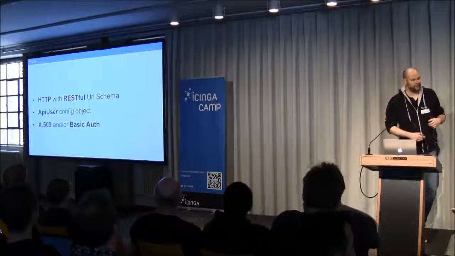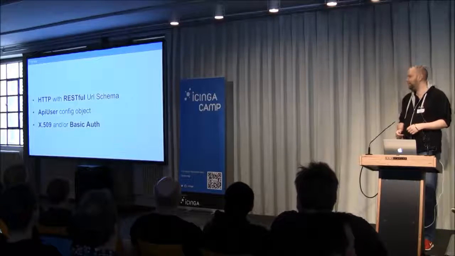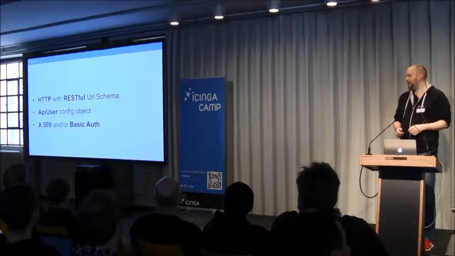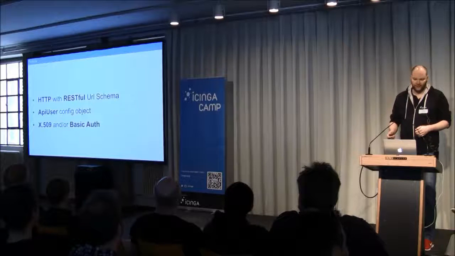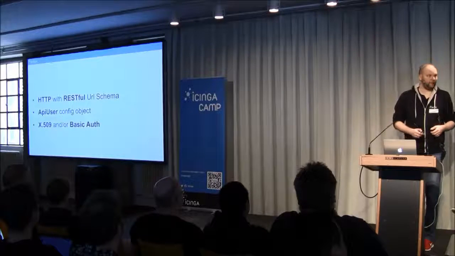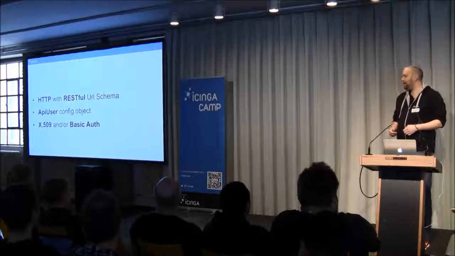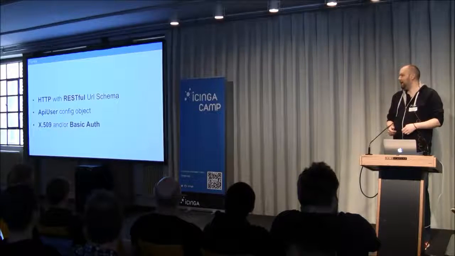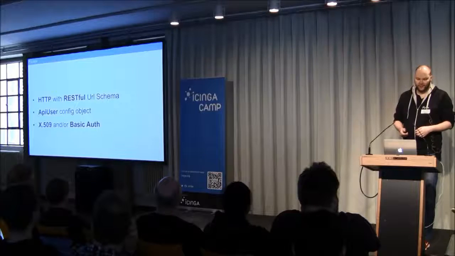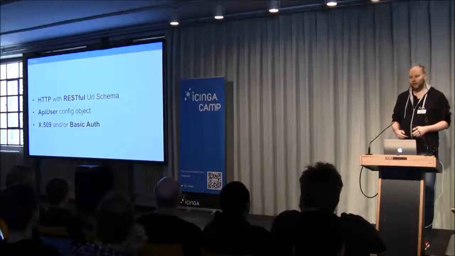So we said, we want a better one. We went for an HTTP RESTful API, which is pretty common these days. If you're looking at the monitoring or the configuration management stack, you'll always have a REST API with that normally. We also said we need some sort of authentication and security measures.